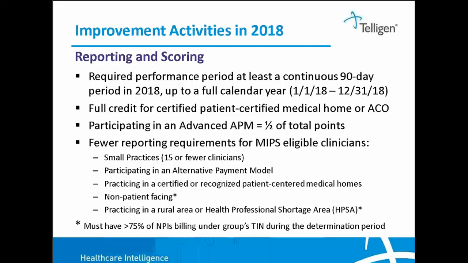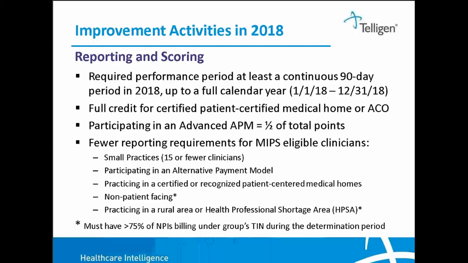And there are some fewer reporting requirements for MIPS-eligible clinicians. One of the biggest is if those practices are small practices with 15 or fewer clinicians. They will have double the points that the others will receive.